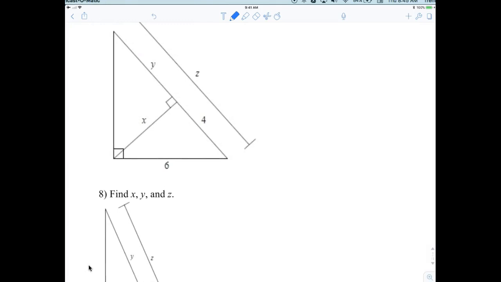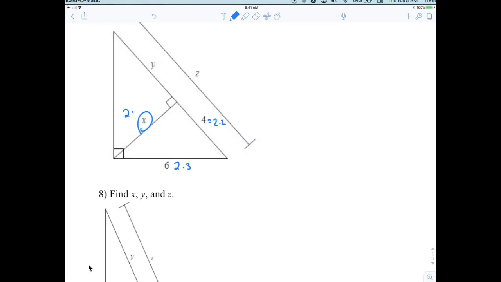Now because you know the Pythagorean theorem, listen up to me, please. This could save you some time. You can easily find x, right? If you know the Pythagorean theorem, this is easy. Don't forget this is 2 times 3, and this is 2 times 2, so this is going to be 2 times something.